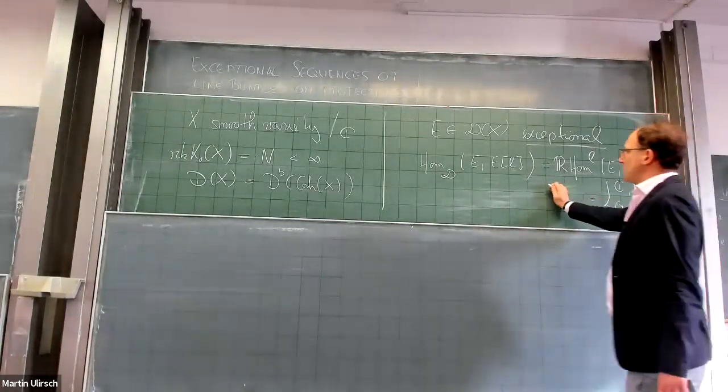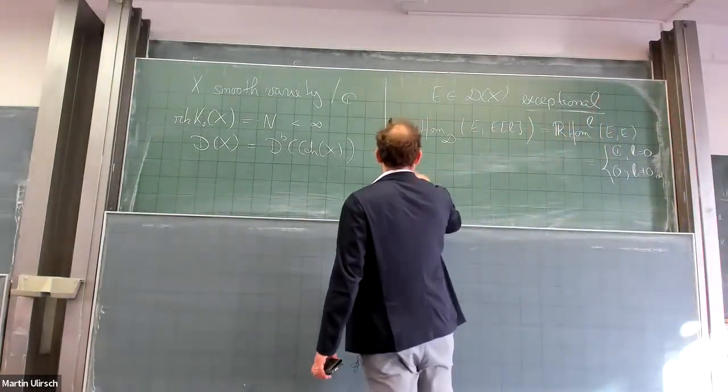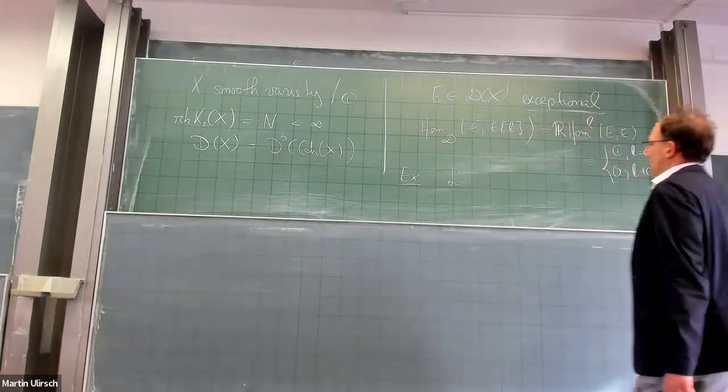So that is an exceptional object, and I'll give you one example: the case of a line bundle.